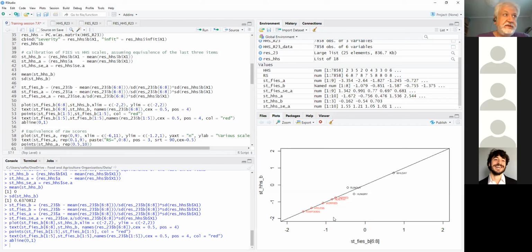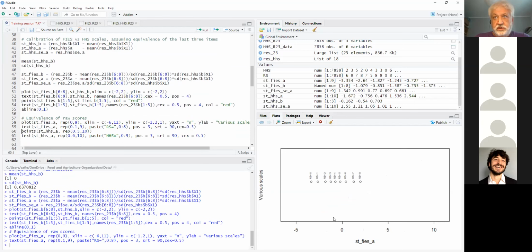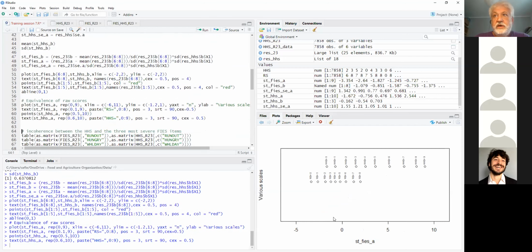But more than this equivalence, it was important now to compare the severity associated with different raw scores in the two scales. So my next chart is plotting the raw score corresponding to the FIES scale and the raw score corresponding to the HHS scale.